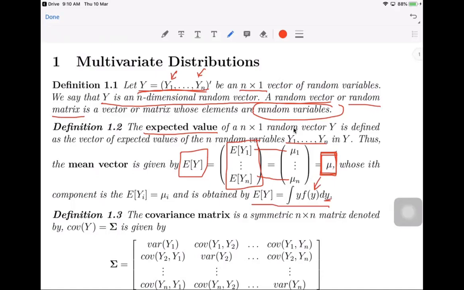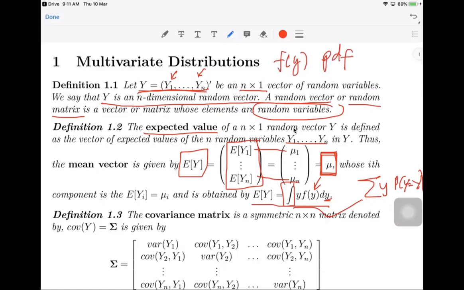If it is discrete, the integral sign is substituted by the summation sign, y times the probability that capital Y is equal to small y. For a continuous random variable, f of y is called the probability density function.